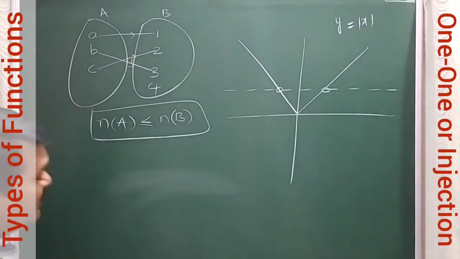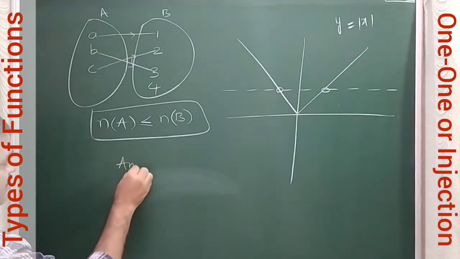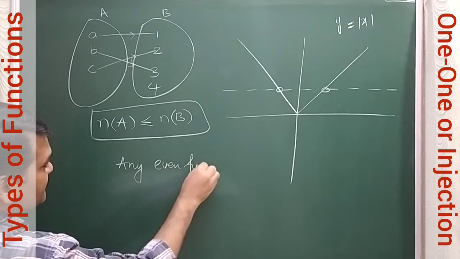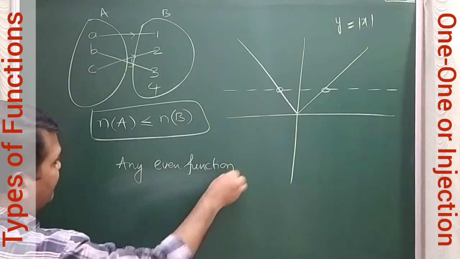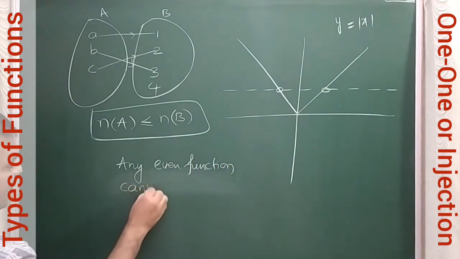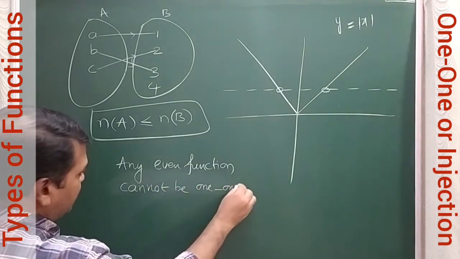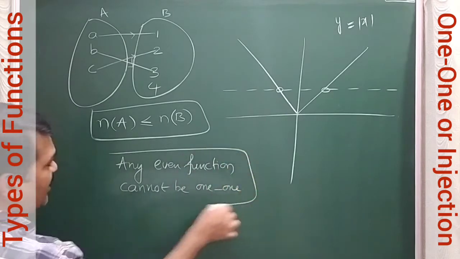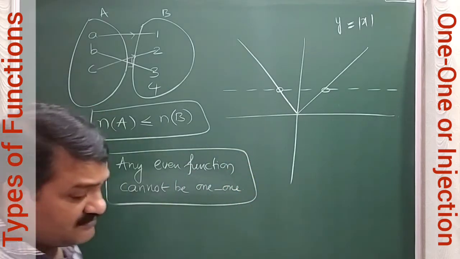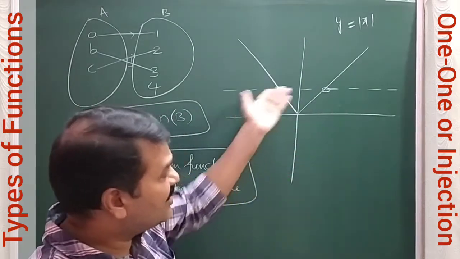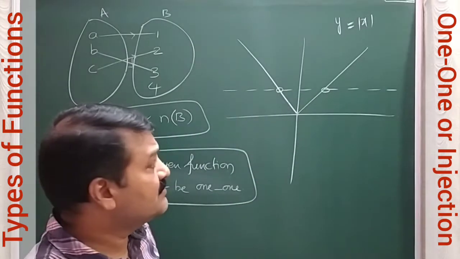You have to remember that this is a very important concept: any even function cannot be 1-1. This is an even function, that is the reason why we are not getting it to be 1-1.